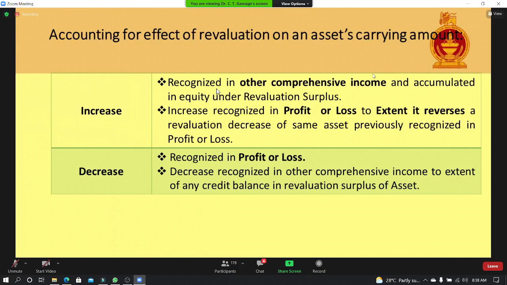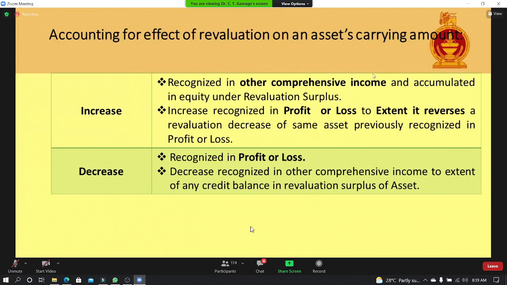If there is a revaluation profit, we have to recognize other comprehensive income and accumulate in equity under revaluation surplus. Increase is recognized in profit and loss to the extent it reverses a revaluation decrease of the same asset previously recognized in profit. If it is a decrease, we have to recognize it as a loss.